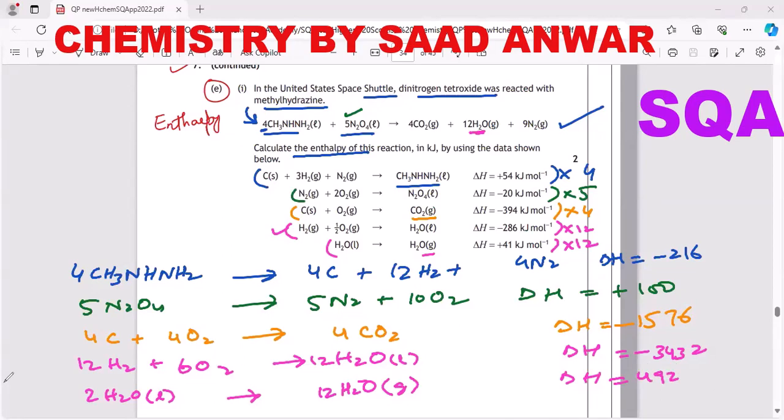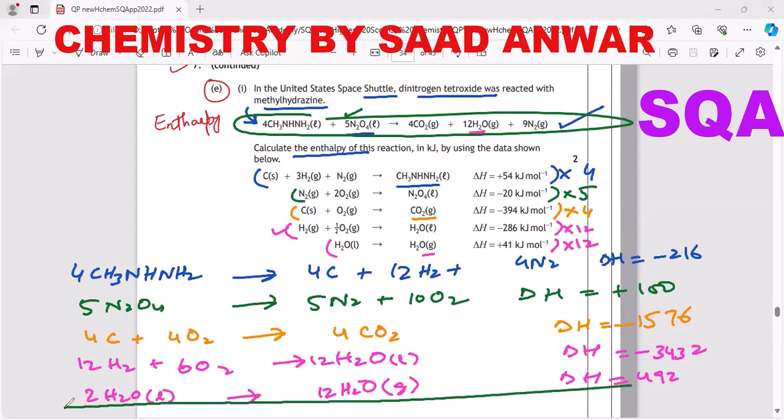Now, guys, add all of these equations in such a way that your final equation would be quite similar to the main equation. Unfortunately I don't have space, but I will try to add all of these equations. First, I can cancel this 12 hydrogen with this 12 hydrogen.